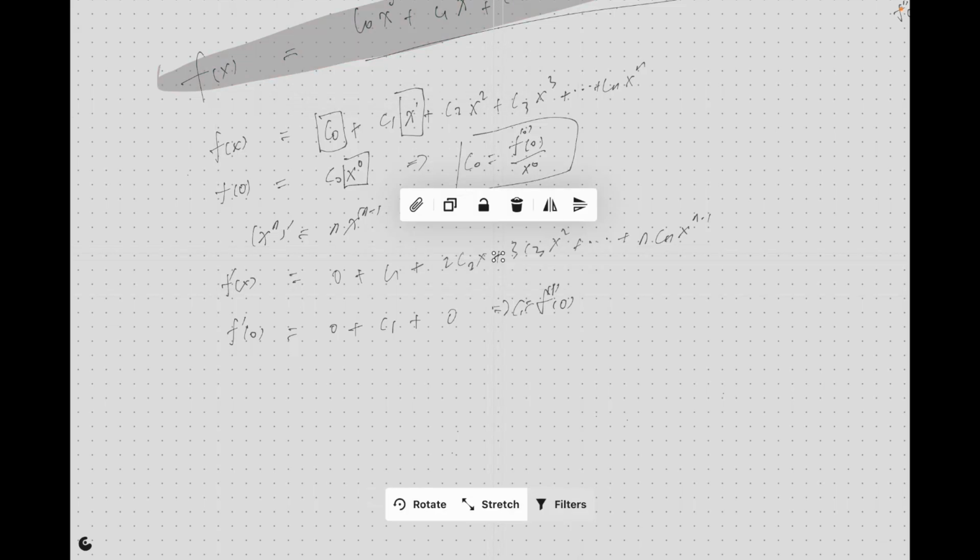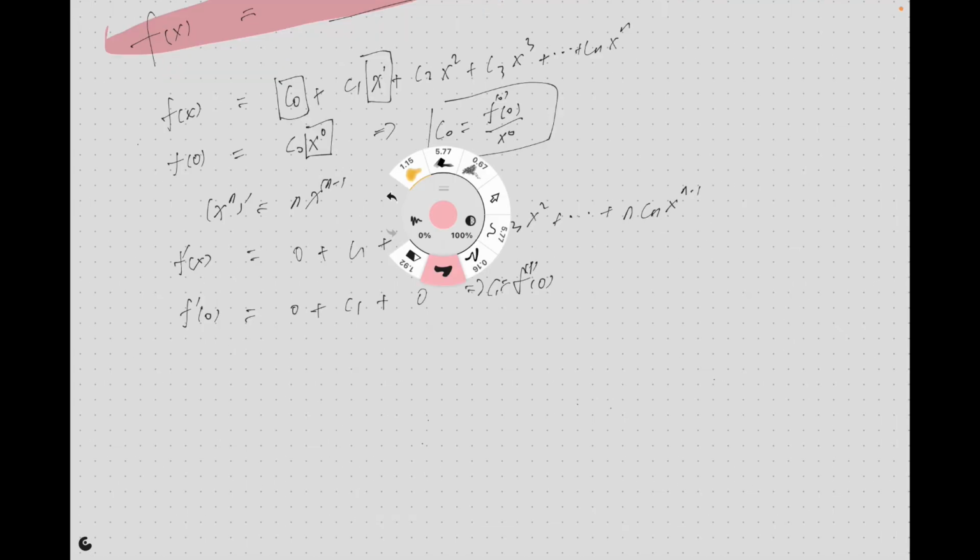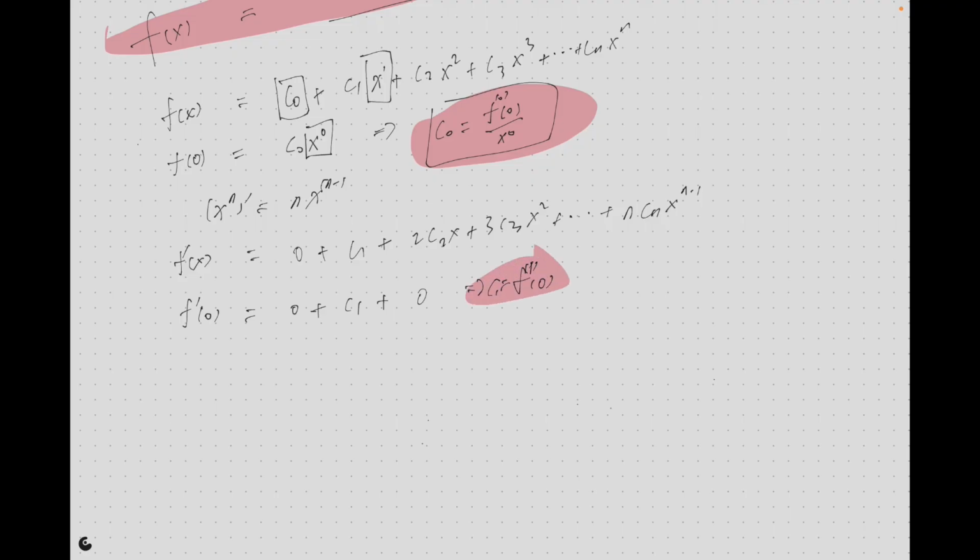Next, we need to highlight what we got here, and then we can later improve our understanding. This is the polynomial, and this is the first derivative of the polynomial and the function. This is the second derivative of the function and polynomial.